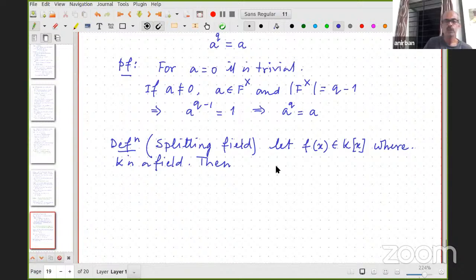Then the smallest field, smallest in the sense of inclusion. So inclusion is the ordering there.